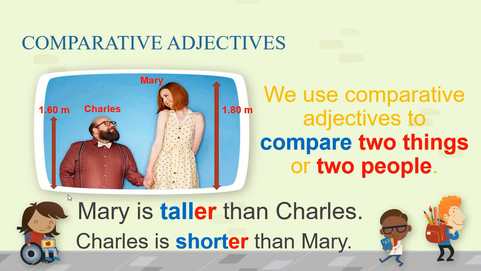So Mary is taller than Charles. The adjective that we are using is tall, and Charles is shorter than Mary. So the adjective that we are using here is short to talk about Charles compared to Mary.